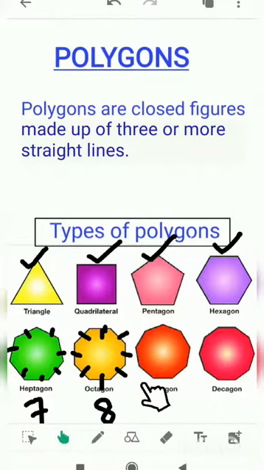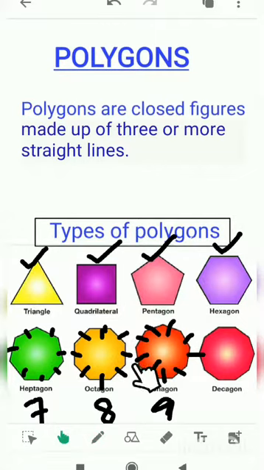And the next figure is a closed figure. And how many sides? 1, 2, 3, 4, 5, 6, 7, 8 and 9. 9 sides.